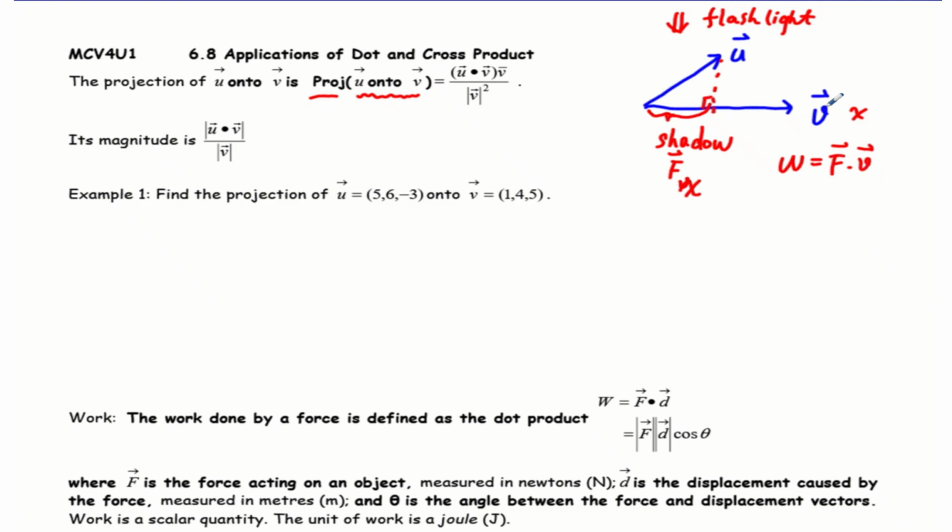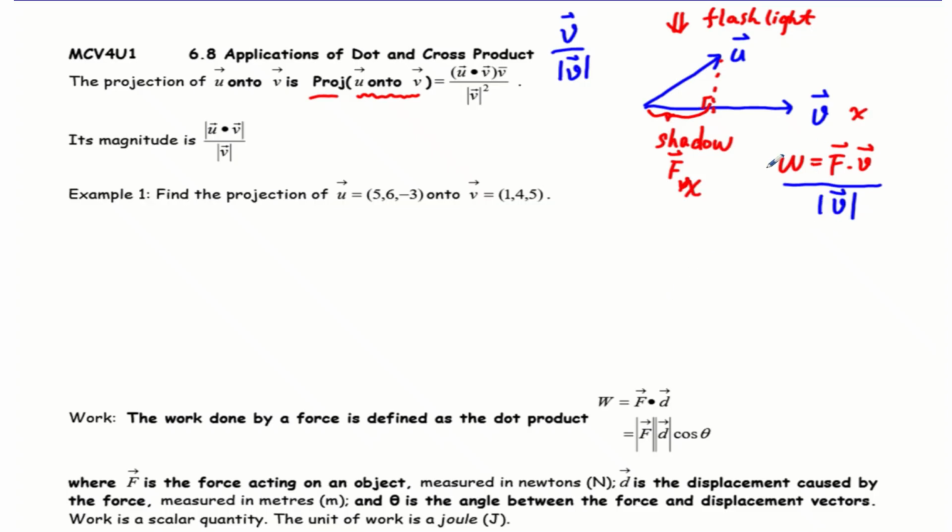We only need the unit vector of v. So the unit vector is v over its magnitude. So this work is then divided by the magnitude of v.